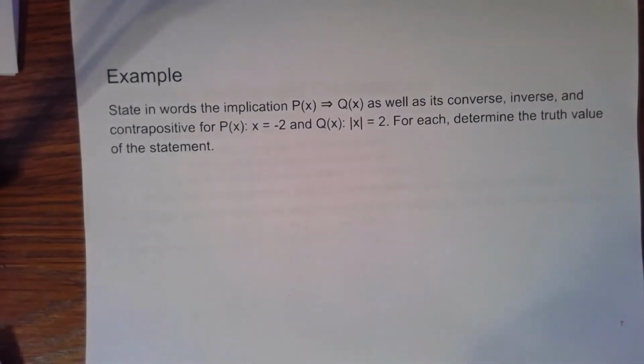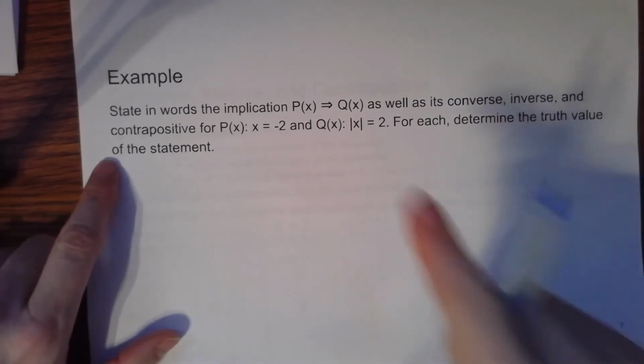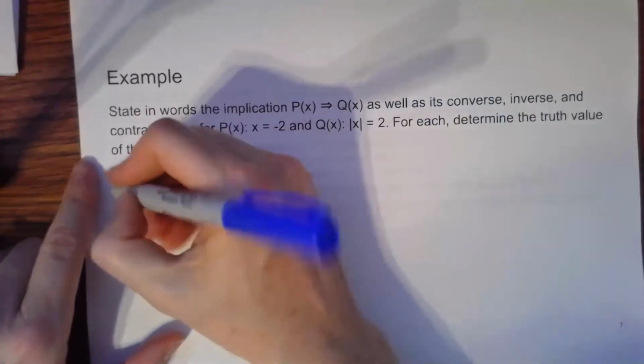So our next example, we want to state in words this implication P of x implies Q of x. Also state its converse, its inverse, and its contrapositive. And then we're going to look at each of those and determine the truth value of those statements. Okay, so first let's do the original statement.